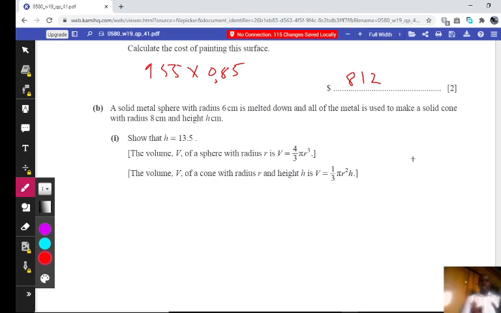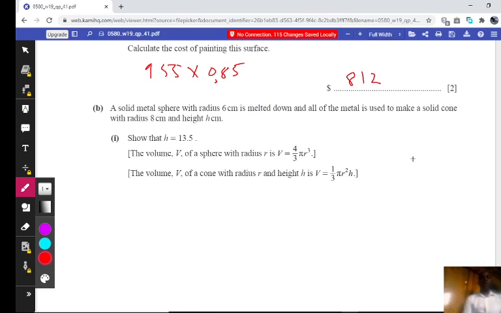The concept here is based on the volume. The volume before is equal to the volume after, because the same amount of material has been used. Because volume, the space occupied by the shapes, is still the same. So you find the volume of a sphere, then you say equals to the volume of a cone. Then you can find the value of h. Let's do it like that.